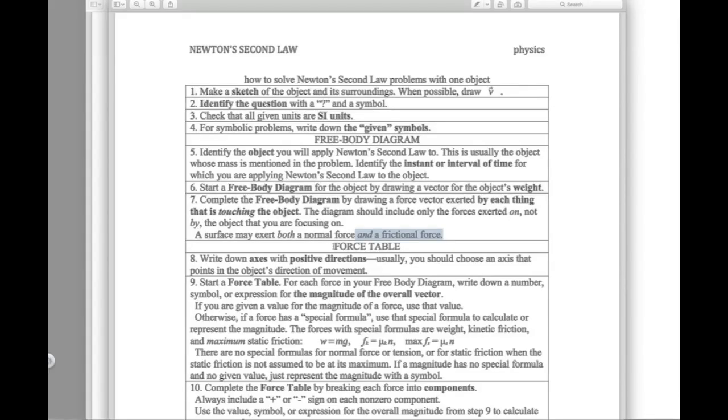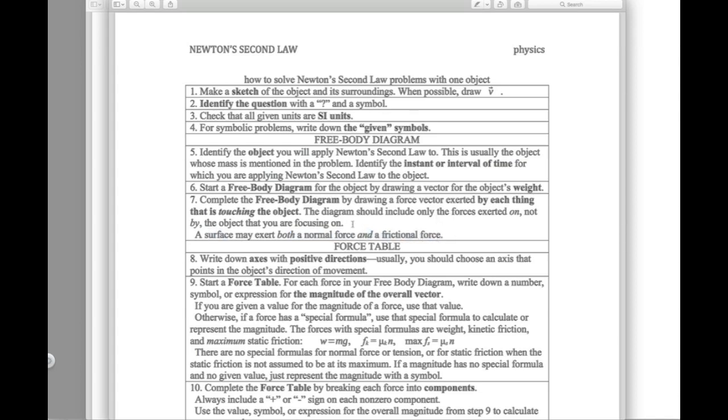We have to check that, but that won't apply on this problem. In this case, we know that there's no friction because the problem told us so. Anytime that you include a normal force in your free body diagram, you should check whether that same surface will exert a frictional force. But we know that on this problem, there's no friction.